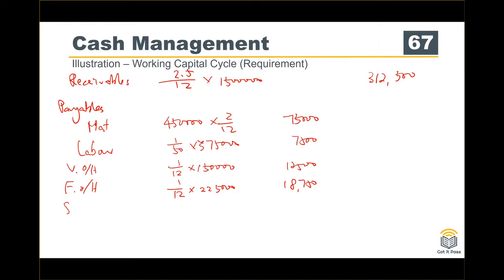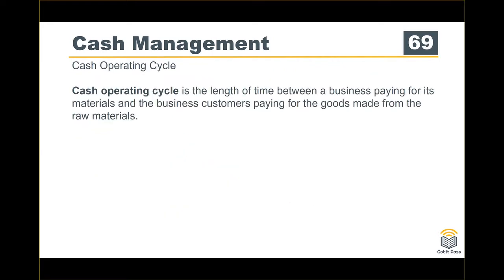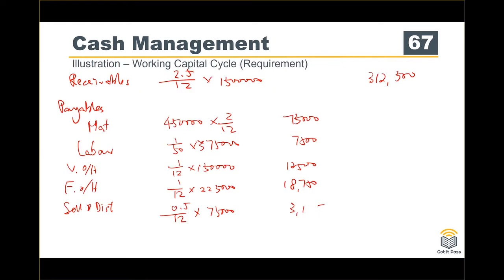And for selling and distribution, which is half month, so the payable amount is 3,125. So for the payables is 116,875, and the working capital requirement is how much?